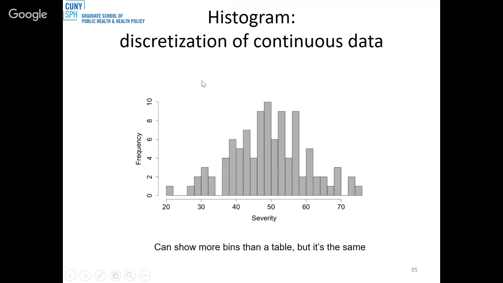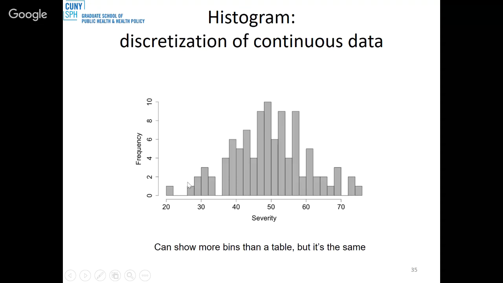A histogram is a discretization of continuous data into an ordinal variable followed by a bar plot.